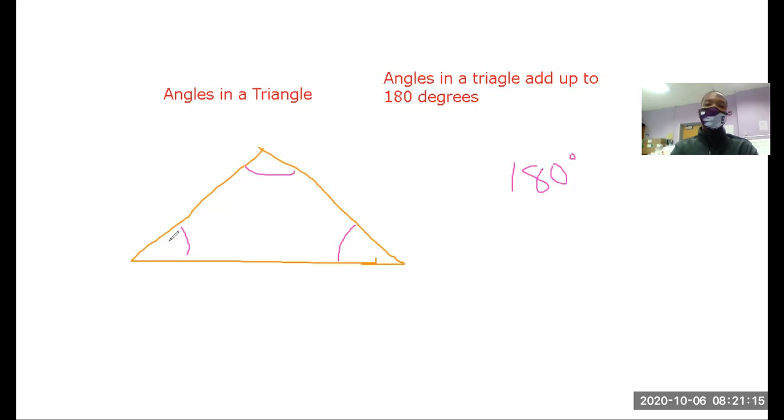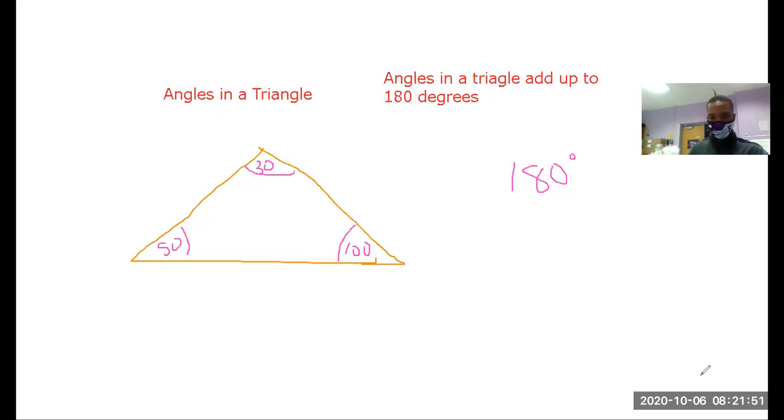Say this is 50 and this is 30. What would this one be? The whole thing is 180. Someone on Zoom said 100. This is 100. Does that make sense? Because then it's 50 plus 30 plus 100. So angles within a triangle equal 180 degrees.